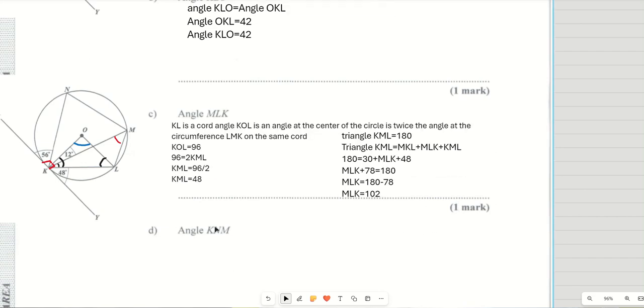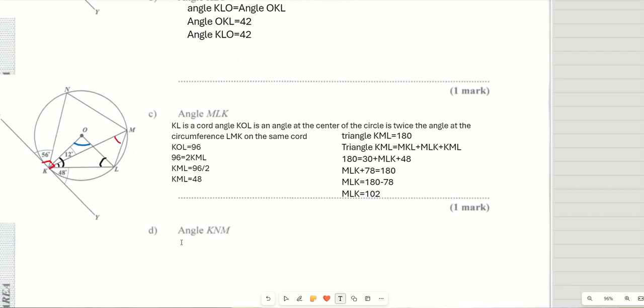Now we're going to find angle KNM. That is that angle. If we try to look at it by itself, we're going to get confused. But we see that KNM is actually opposite the angle KLM, or MLK, whichever one you want. Because MLK and KNM are opposite each other in a cyclic quadrilateral, if you add those two, you're supposed to get 180 degrees.